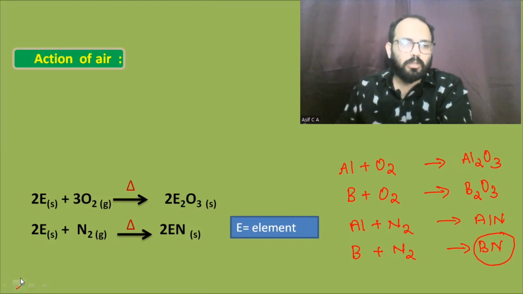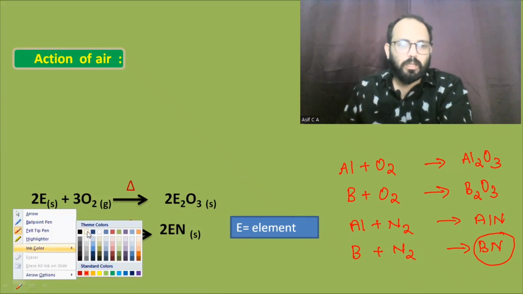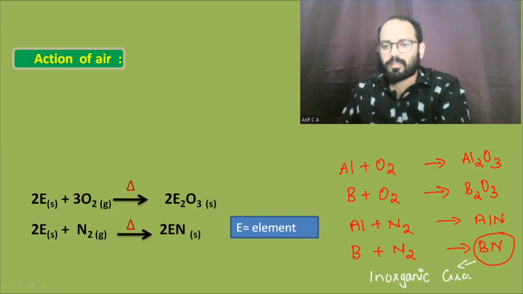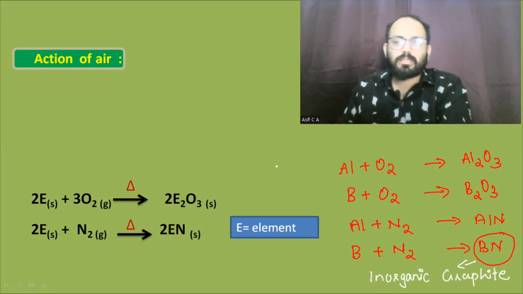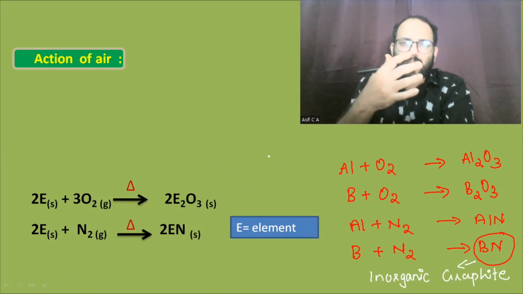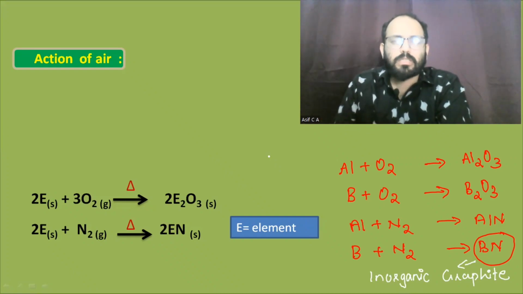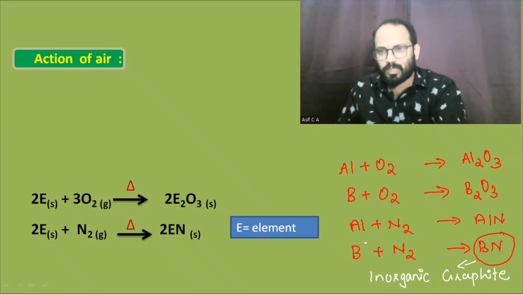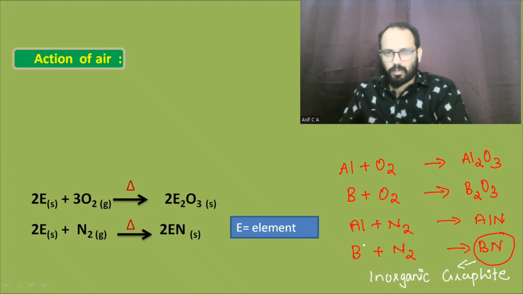Boron nitride has another name. Boron nitride is otherwise called inorganic graphite. Okay? So BN, boron nitride, is inorganic graphite. It has a layer by layer structure like graphite. If you don't know the structure of graphite, don't worry, we are going to see it in the carbon family.